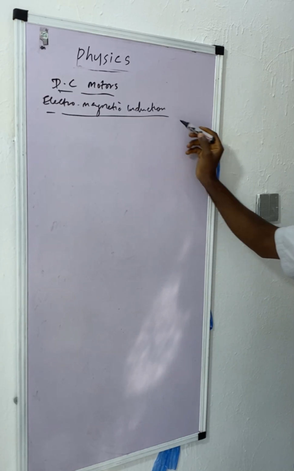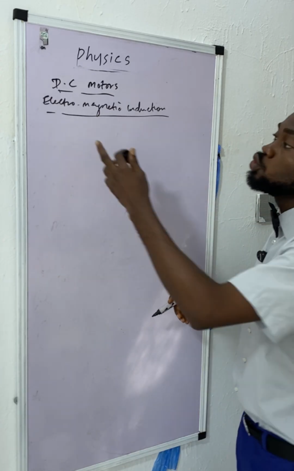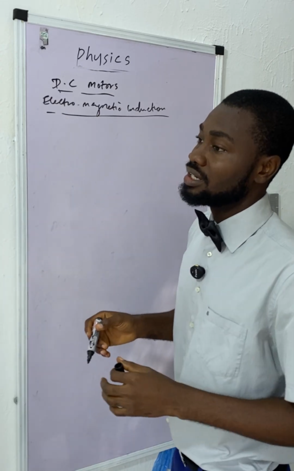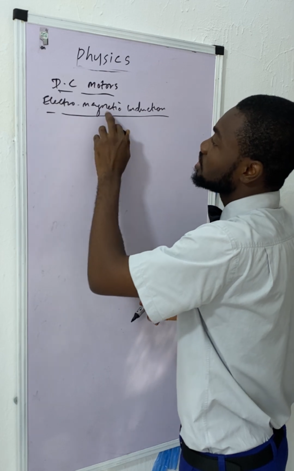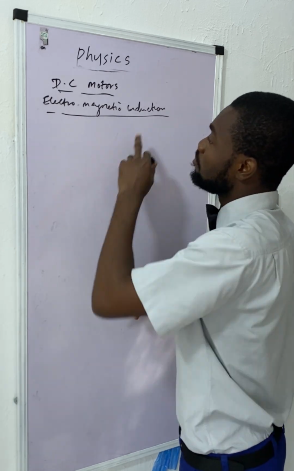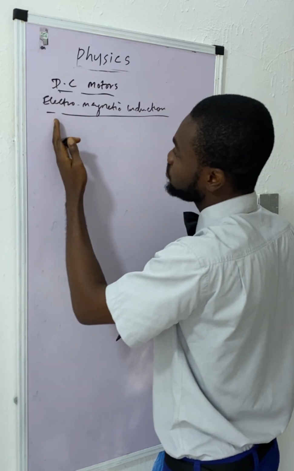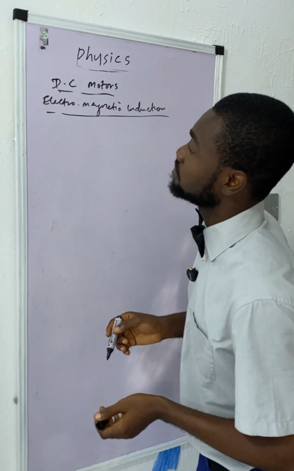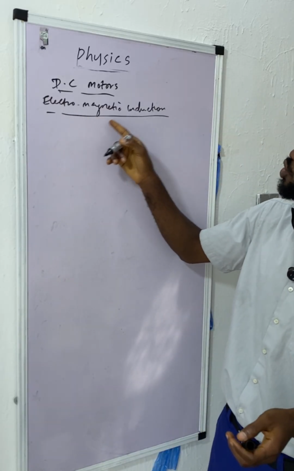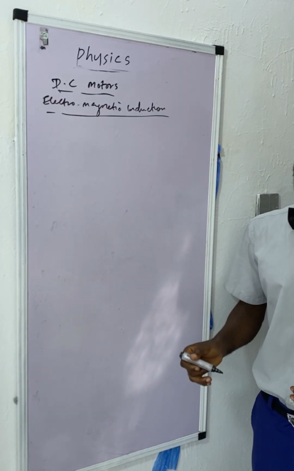What is electromagnetic induction? It is when electricity is induced in a changing magnetic field.